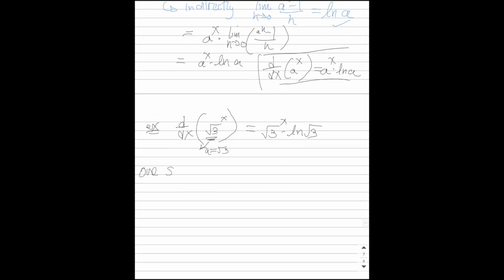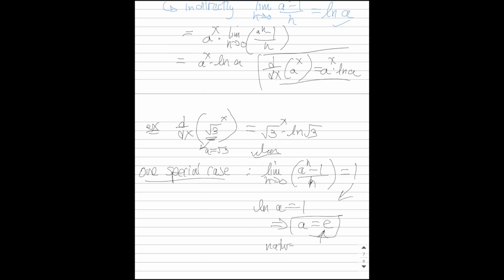Now there is one very special case when this limit is equal to 1. That means the natural log of a is equal to 1, and that means that a is this special number e. That's called the natural base. So e is approximately 2.71828, blah, blah, blah.